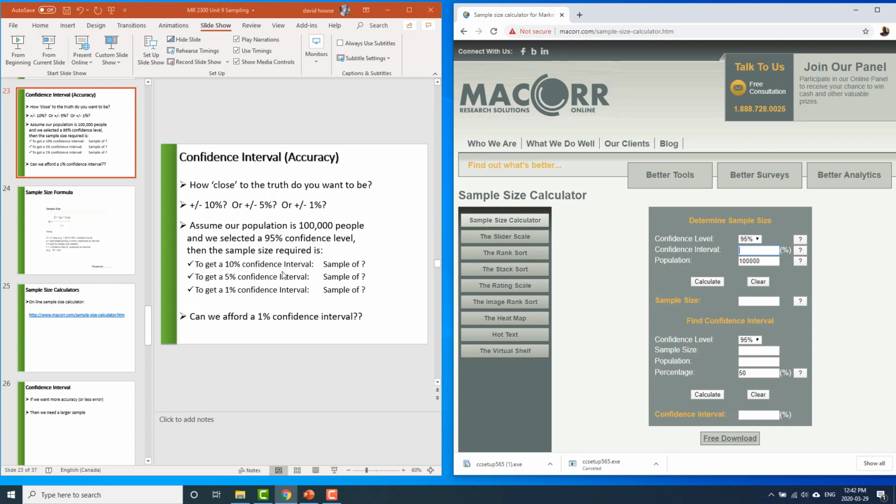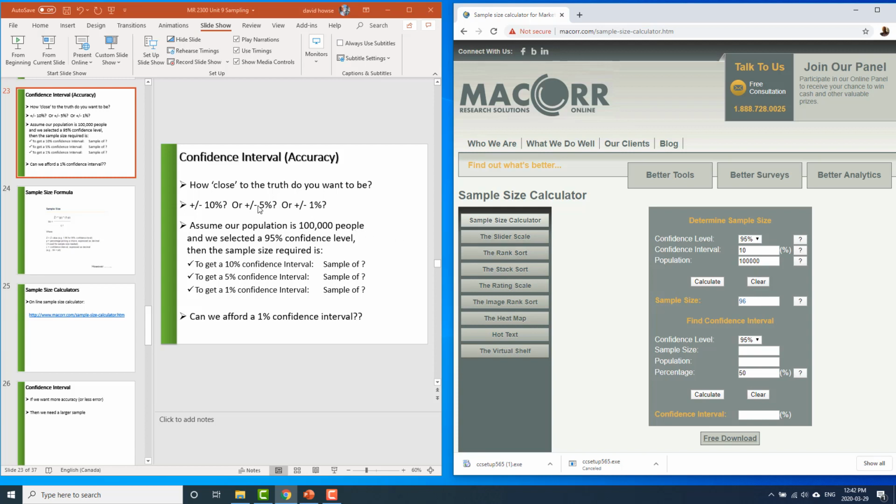It says here 10%. So you put a confidence level of 95%, a confidence interval of 10%, and a population of 100,000. How many people do we need to ask? 96 people. So you'd have to ask 96 people if your population is 100,000.